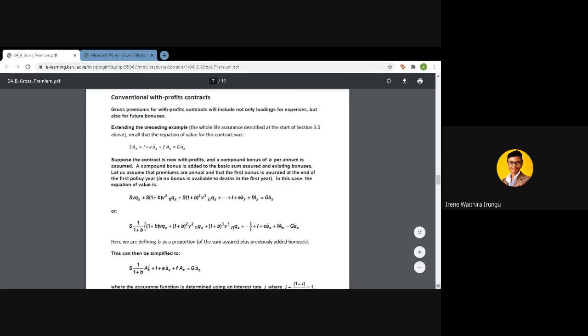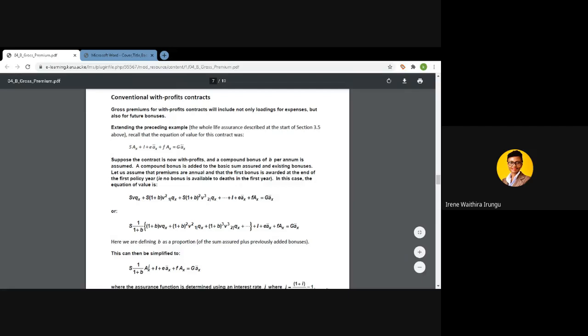So we can now look at a situation where we have a with profits contract. So in this case, it means that we'll be expecting our contract to be growing by a certain percentage, or our sum assured to be growing by a certain rate.